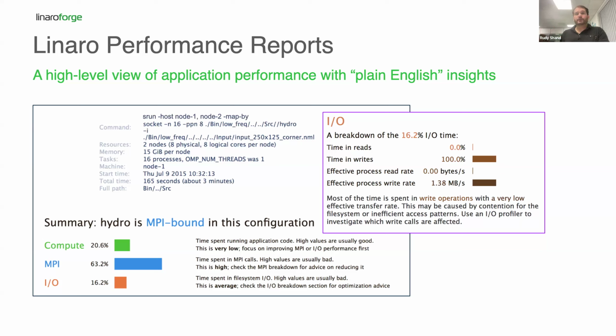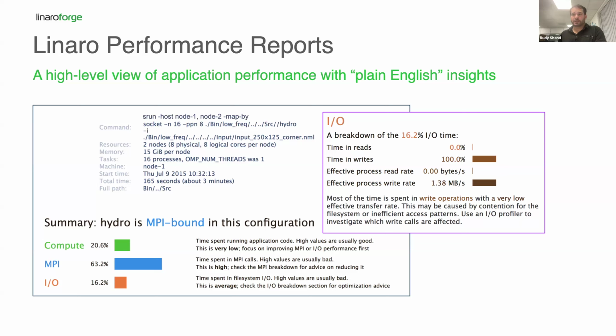So that's the high level overview, and then performance reports give more of a breakdown. So even though 16.2% of the time is being spent in IO, we can see the time spent in reads is 0%, and all that time is being spent in write, so just writing to the file system.